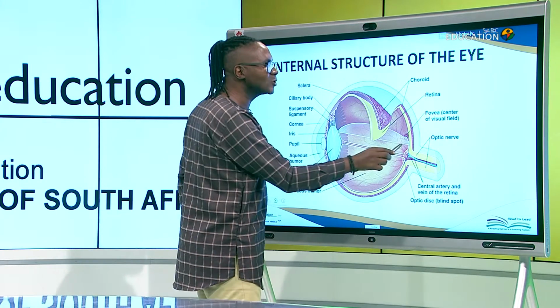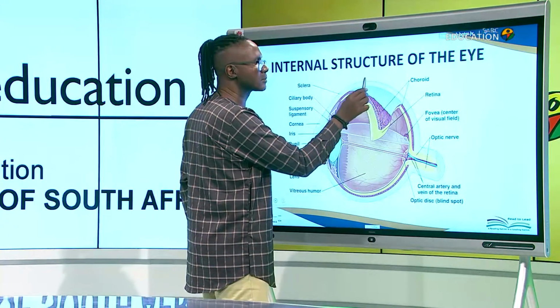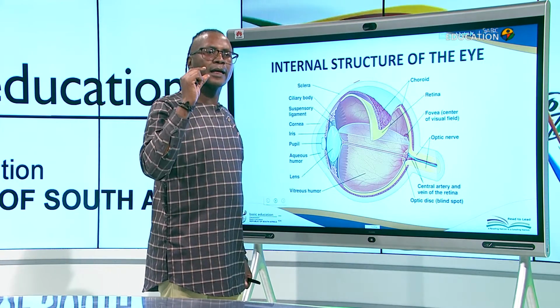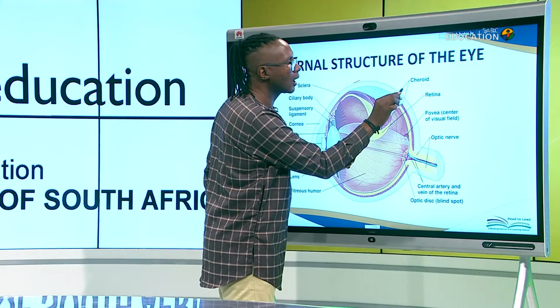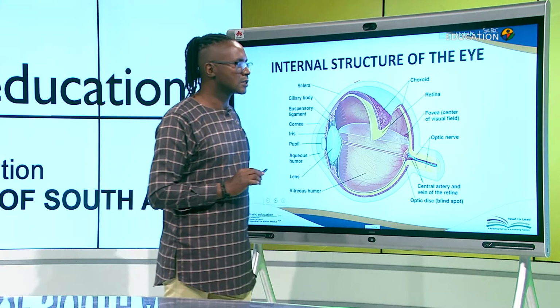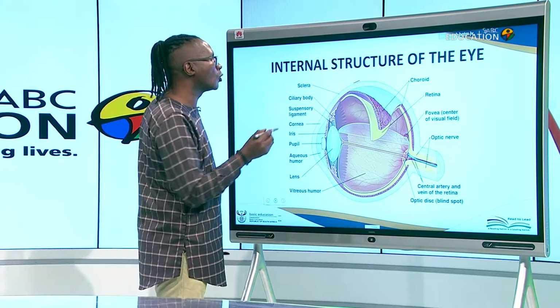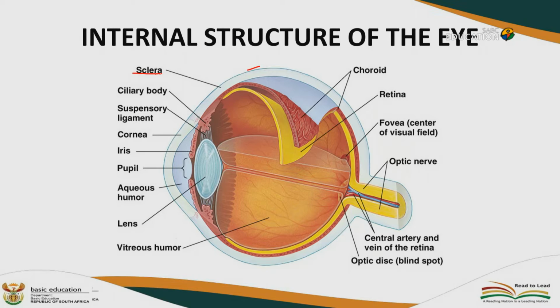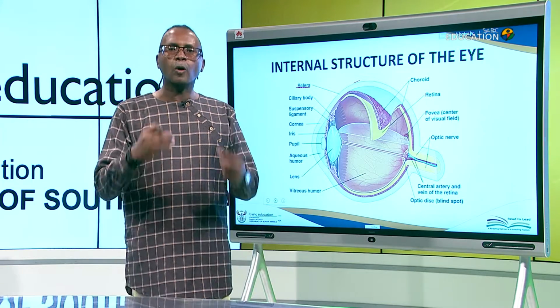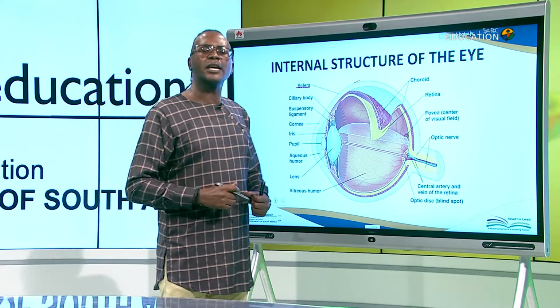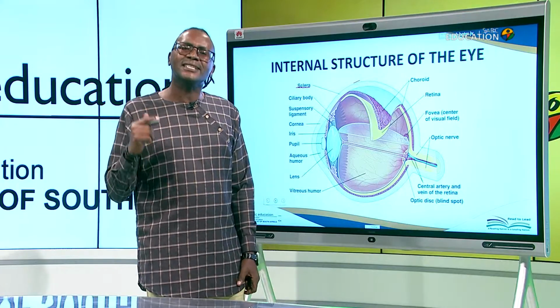So the outermost layer is a white, thick layer that surrounds the eye. And I want you to take note, it is called the sclera. This membrane is tough. It's inelastic. So therefore, it means that it cannot move. So what is it there for?